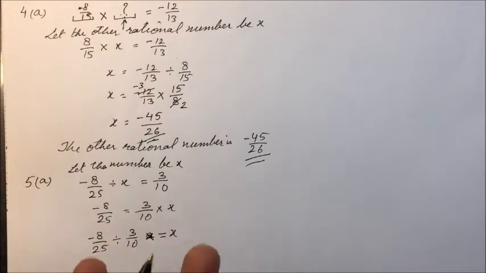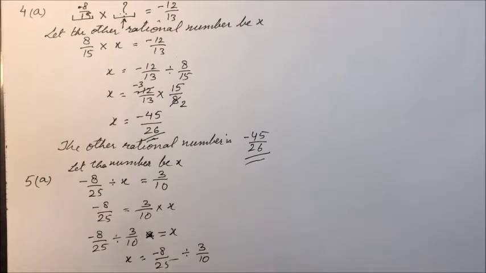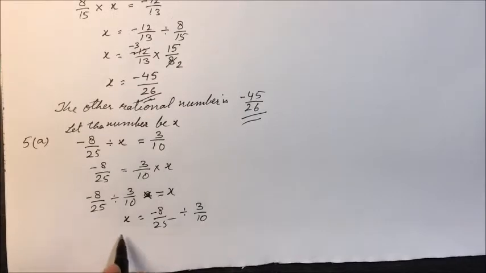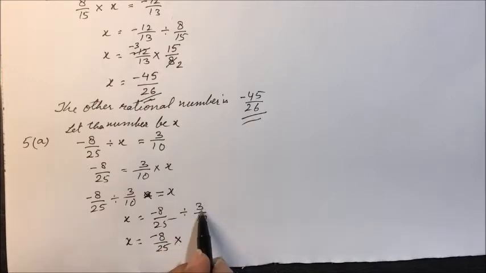Now we can change the sides. x equal to minus 8 upon 25 divided by 3 upon 10. We have to take the reciprocal of this one, 10 upon 3.